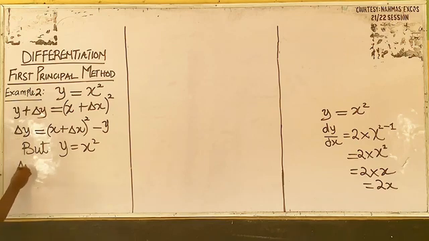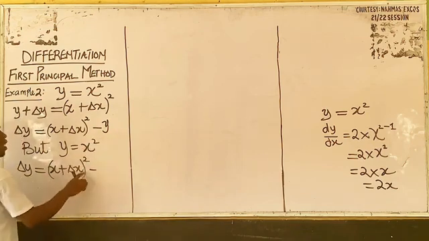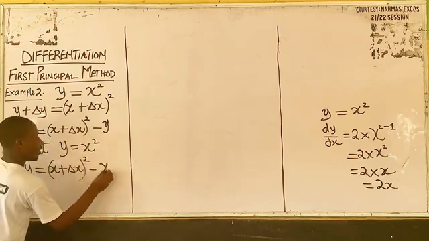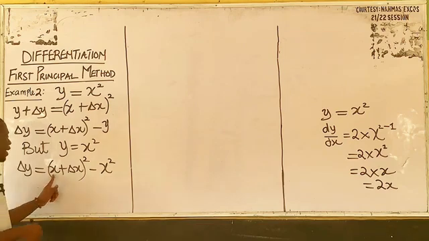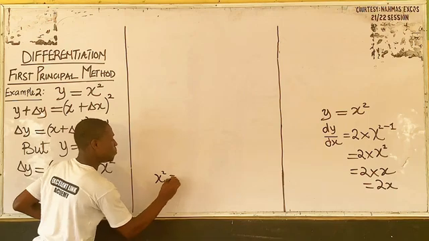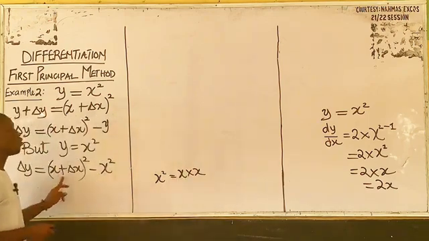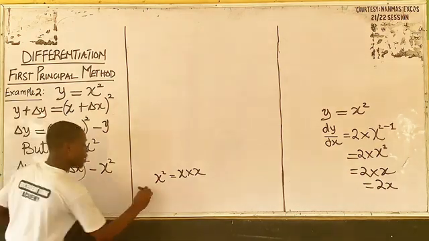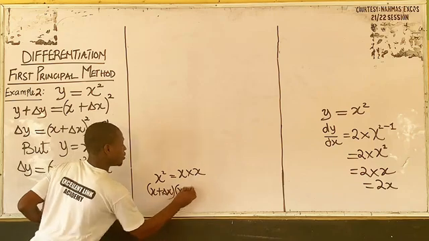So I'll have change in y is equal to x plus change in x all squared minus, what's your y here? y is x squared, as easy as this. So I have this one here. All right, I will expand this, x plus change in x squared. If I have x squared, it simply means x times x. Similarly, if I have x plus change in x squared, it simply means x plus change in x is multiplying itself twice.